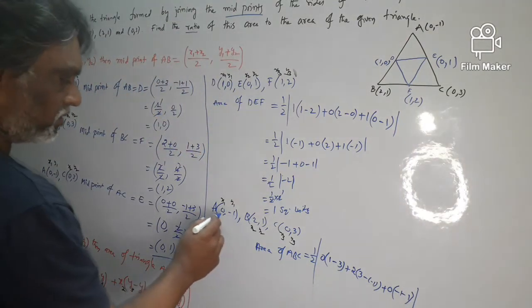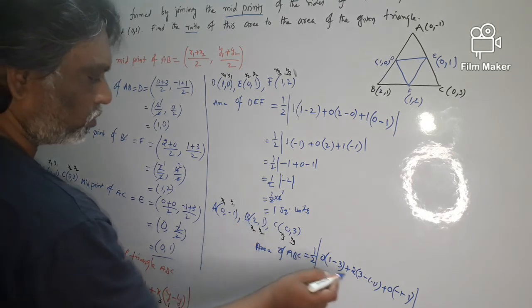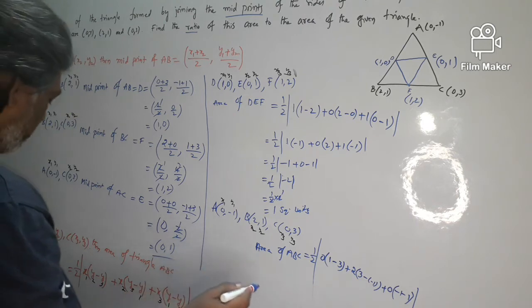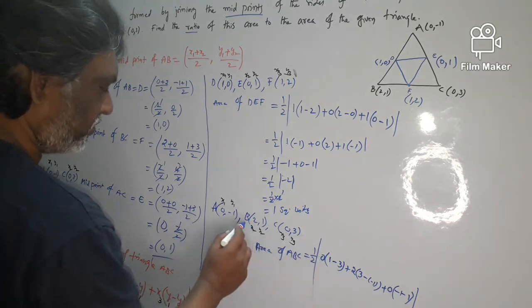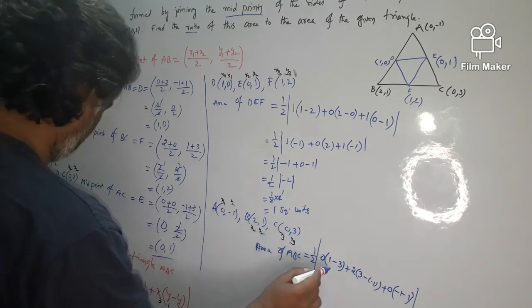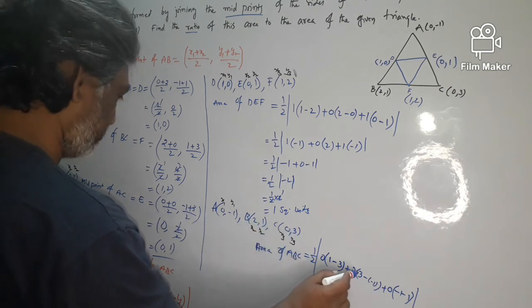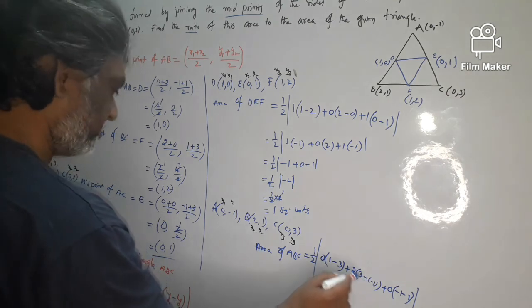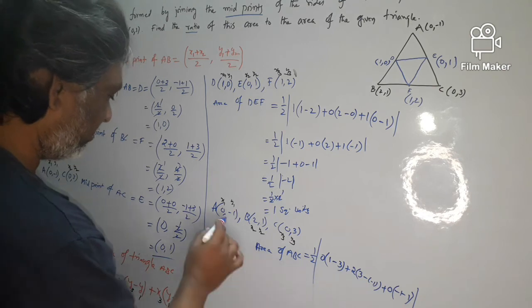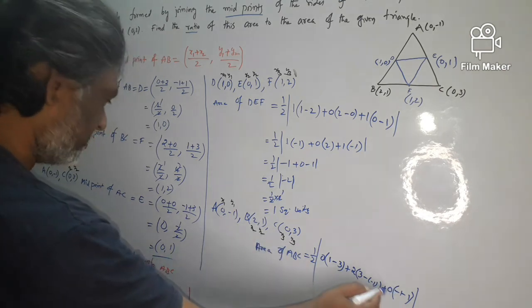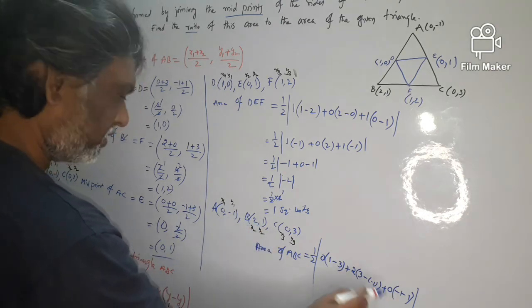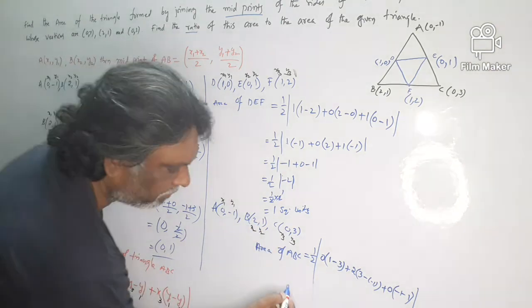x1 0, x2 2, x3 0. Okay, now y2 minus y3, y2 1, y3 3. Okay, next y3 3, y1 minus of minus, right? Next y1 minus 1, right? y2 plus 1, right? Now simplify.